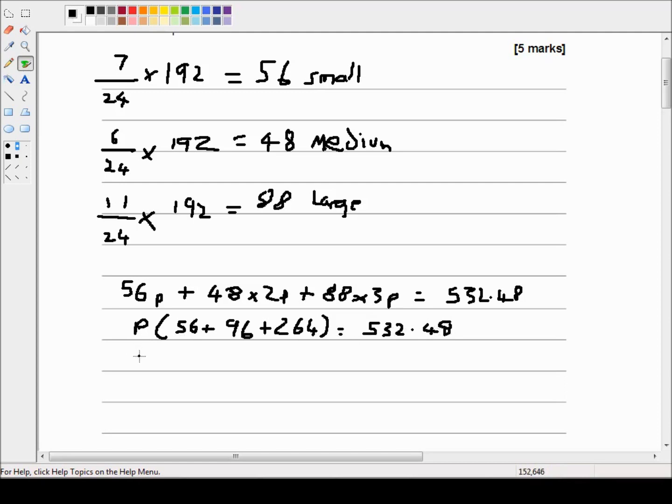Okay, so all I have to do now is say p is equal to 532.48 divided by 56 plus 96 plus 264. Which is equal to, and I'm just going to grab the calculator.